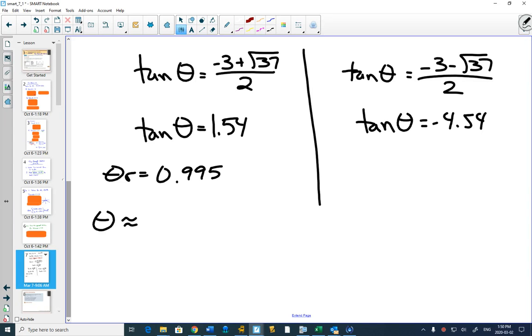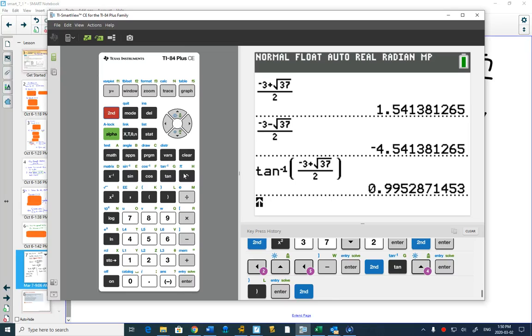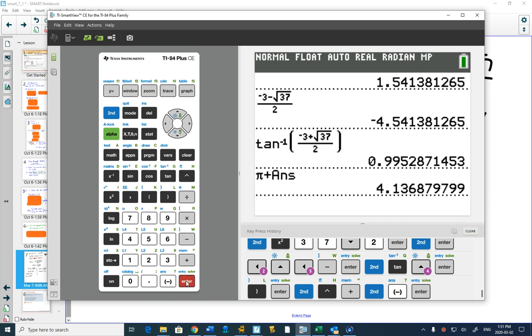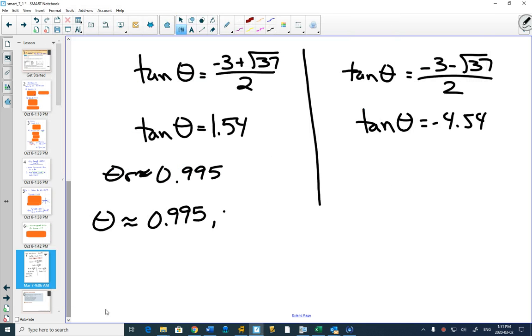So theta would be quadrant 1, 0.995, and quadrant 3, pi plus that answer, 4.137. So we find our reference angle, then use our CAST rule, quadrant 1 and quadrant 3, to get our angles.